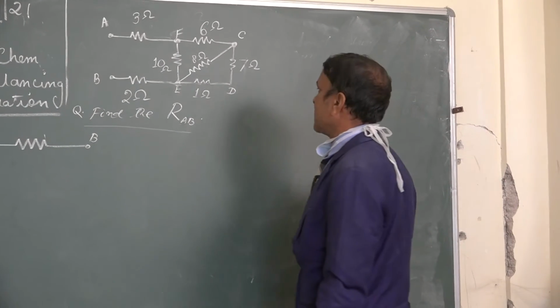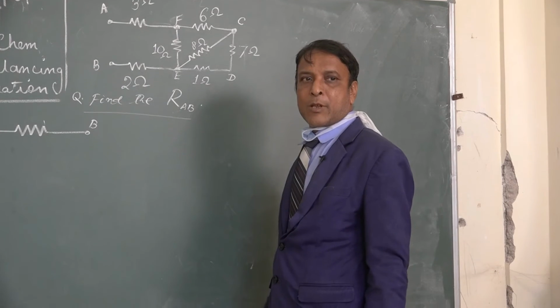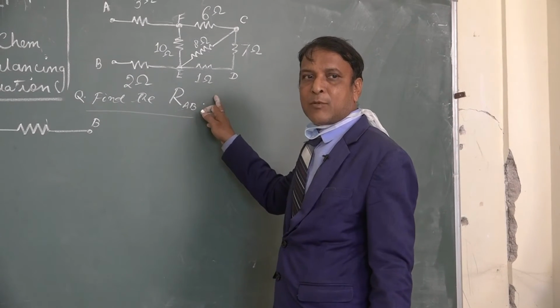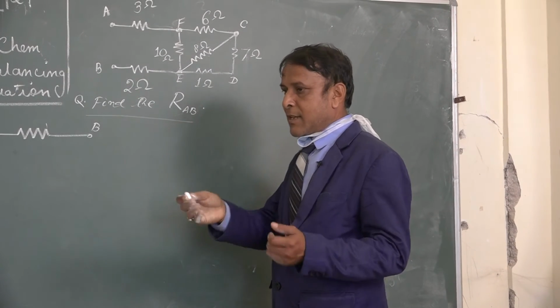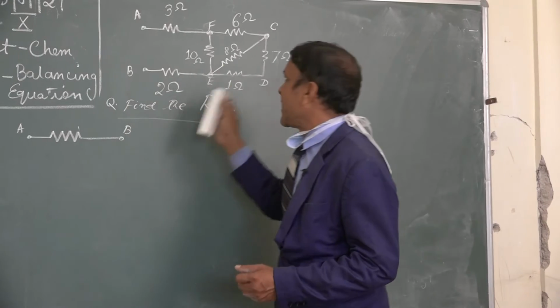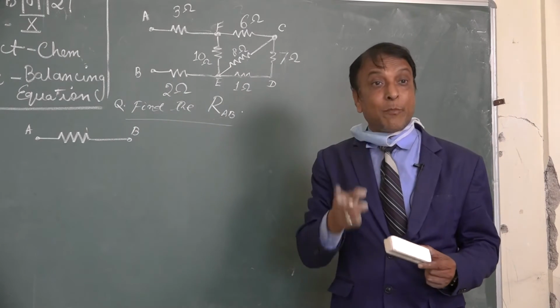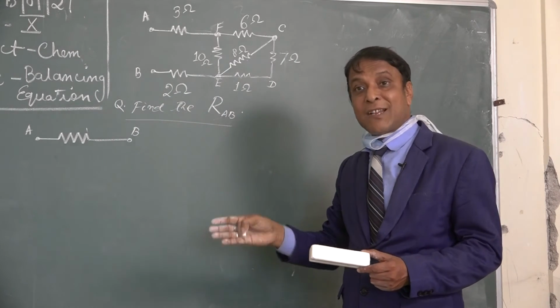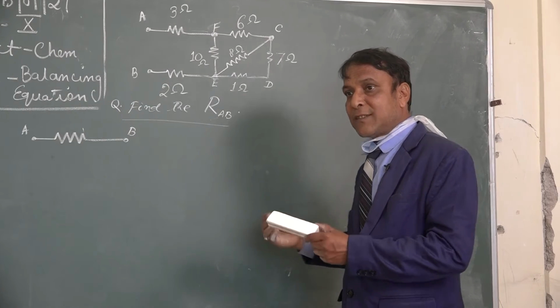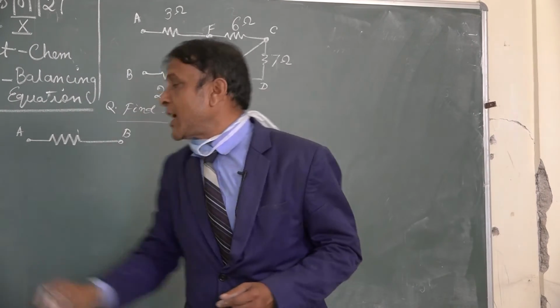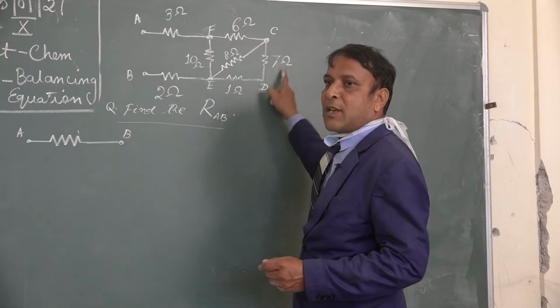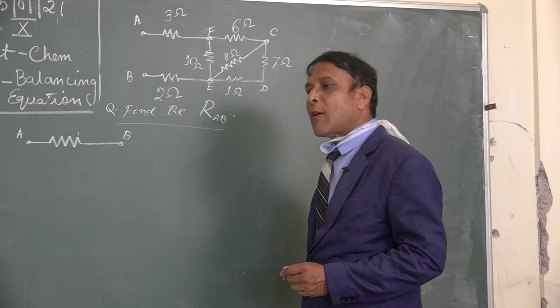Series connection, very good. So you see here in this blackboard, I have the facility to erase and draw, but in your copy, diagram-wise, phase-wise, you draw the diagram. So instead of this 7 and 1, they are in series. What I can do?